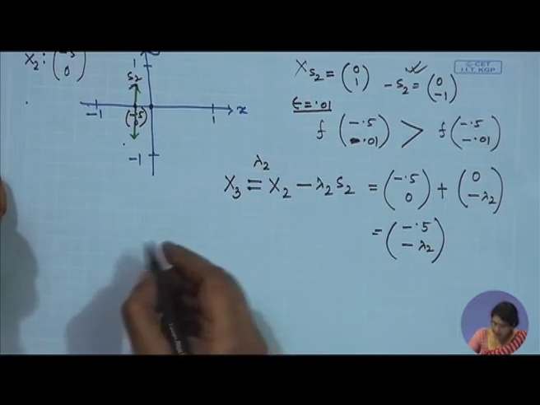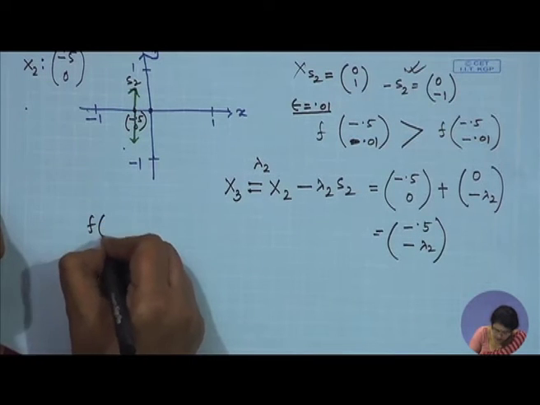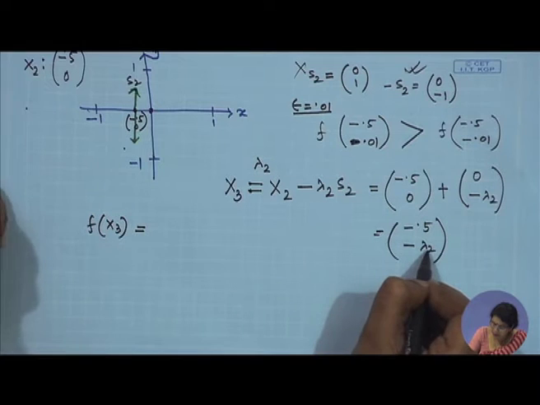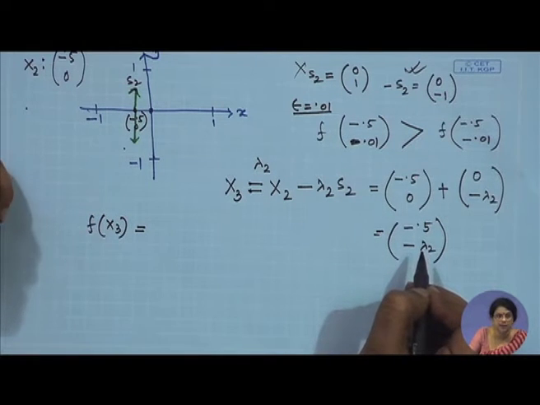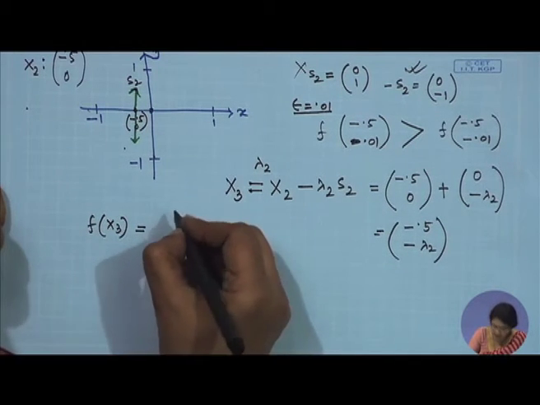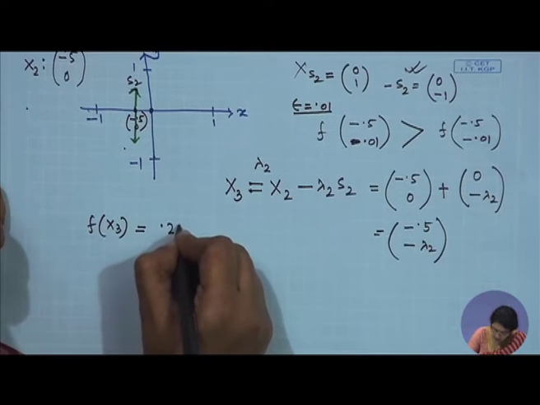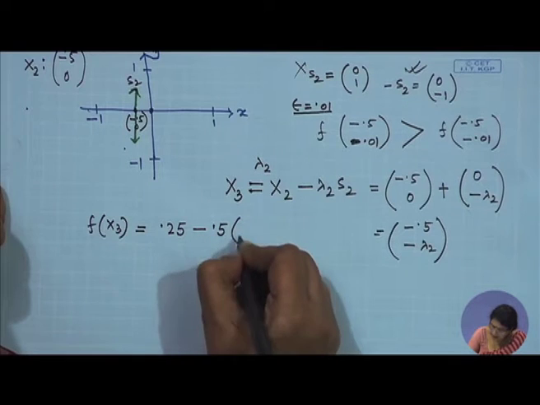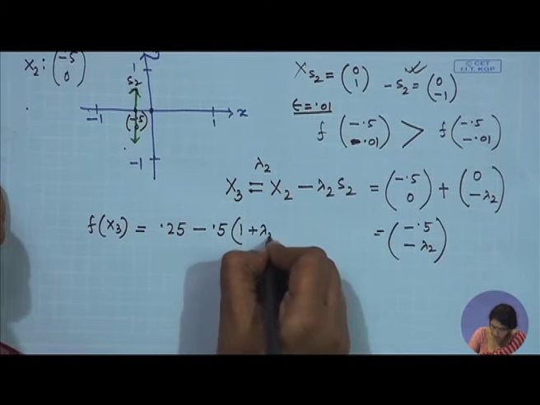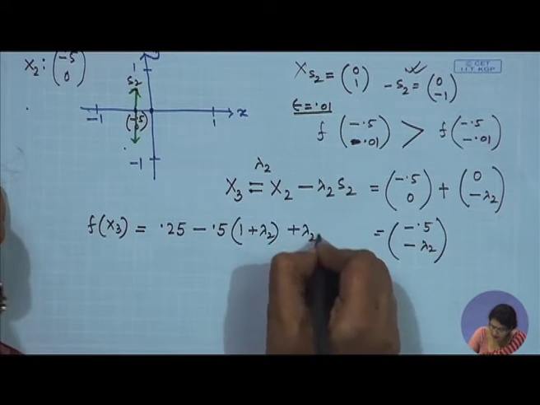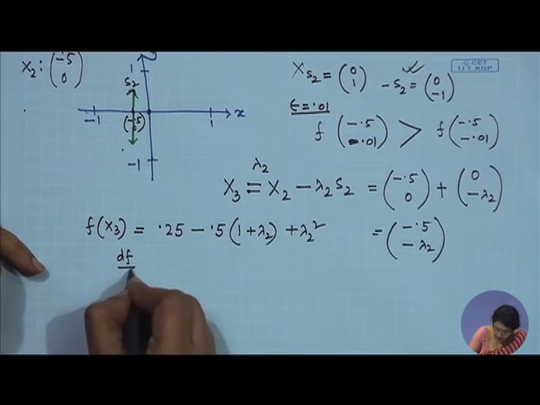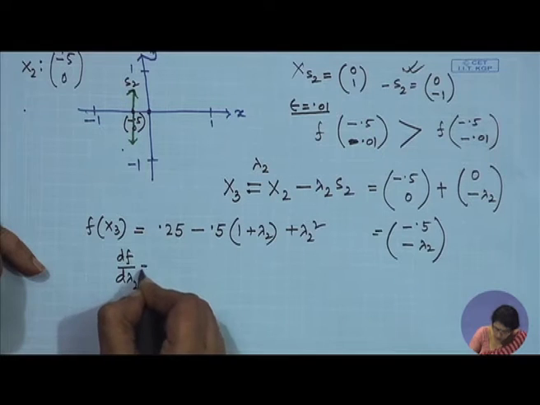Now let me find out the functional value at x3, that is a function of lambda 2 rather. Then what would be the function? I will get the function x square plus x into 1 minus y plus y square. Okay. Again I am doing the first order derivative and I am equating to 0.